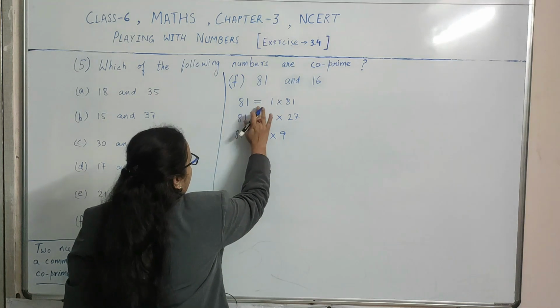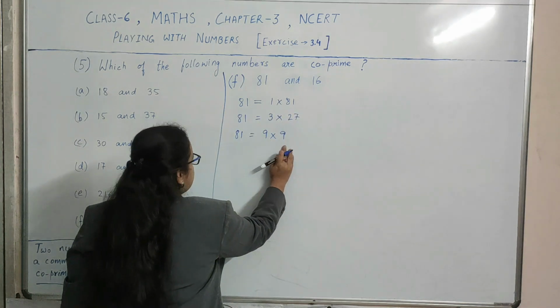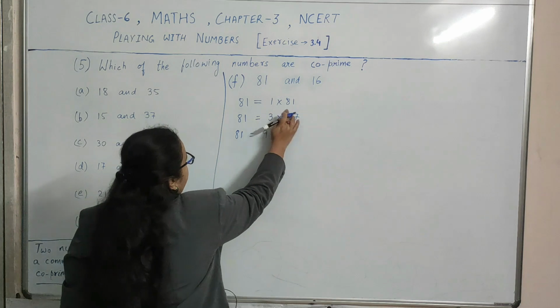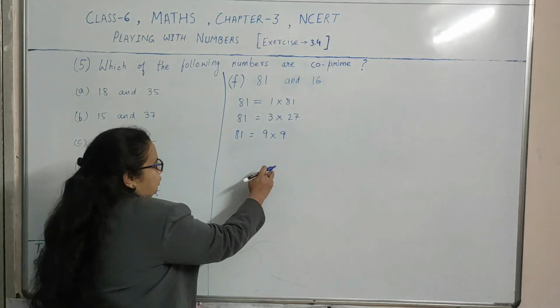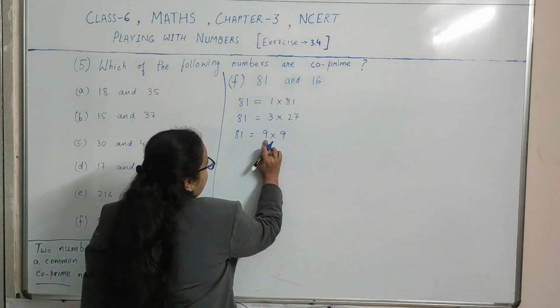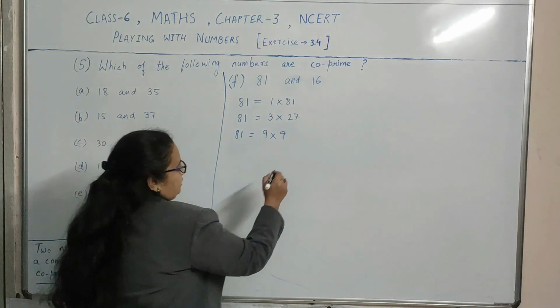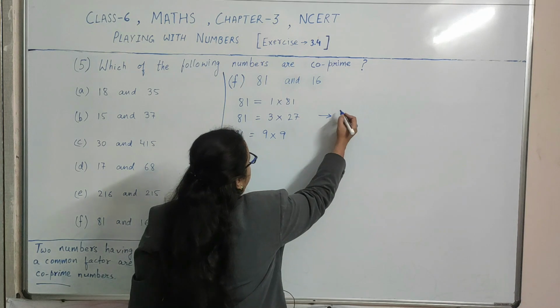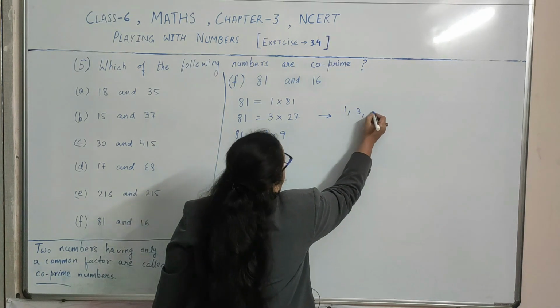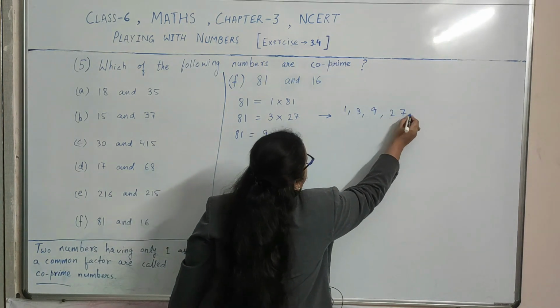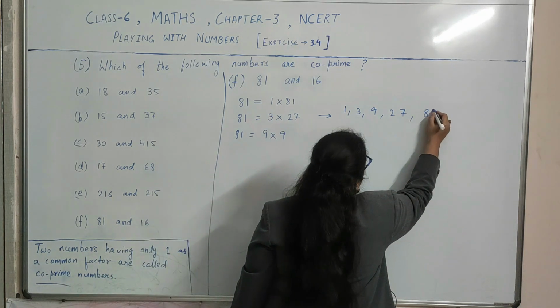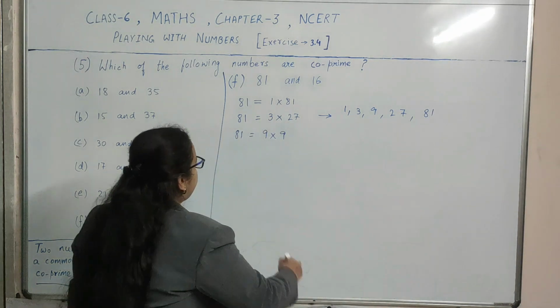So 81 can be represented as a product of these numbers, and these numbers are the factors of 81. The factors are 1, 3, 9, 27 and 81.